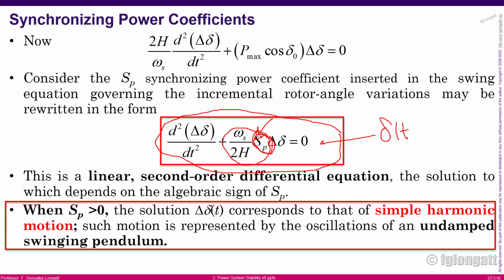What I'm trying to say is the solution of the differential equation will be the changes on the rotor angle, and how those changes behave will depend on the synchronizing coefficient.